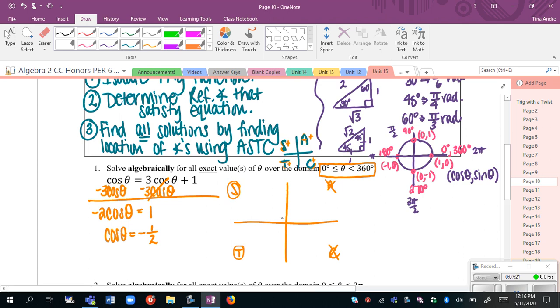Now if we think about drawing in our reference triangle here, I know I'm going to have 2 reference triangles. You want to think about, cosine of theta is going to be negative 1 over 2, so that's the adjacent over the hypotenuse. If these are my angles, remember your angles are always measured from the x-axis. Adjacent would be this side right here, so that's the negative 1, and then the hypotenuse is going to be 2.